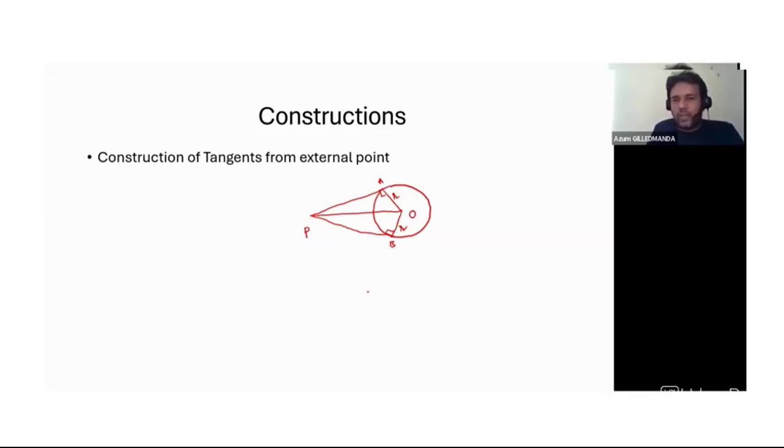So listen carefully, and I'll give you the steps. The first step is to draw the circle with whatever radius is given. Let's say the center is O. If it is a 3 centimeter or 5 centimeter radius, just draw a circle with that radius and indicate an external point on that horizontal line somewhere, that is P. Now you need to bisect this line, means divide this line into two equal parts.